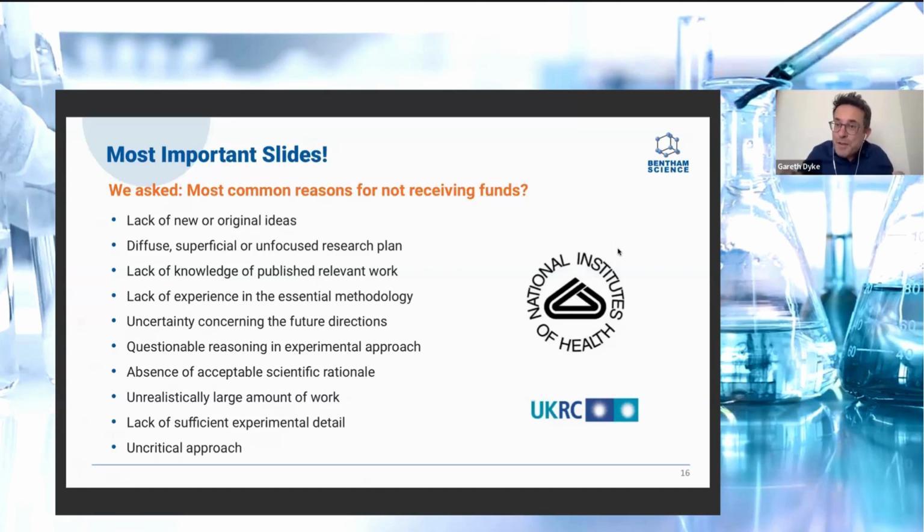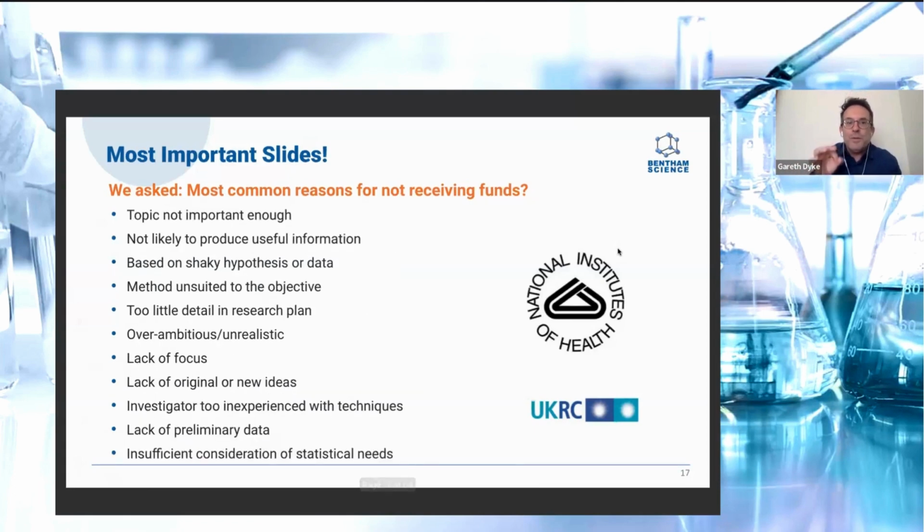A lack of experience in essential methodologies, uncertainty surrounding future research directions, questionable reasoning in the experimental approach, absence of acceptable scientific rationale, an unrealistically large amount of work, lack of sufficient experimental detail, or an uncritical approach. Just some of the reasons why these two funding agencies have previously rejected proposals. Things to think about when you are starting to put your proposal together.